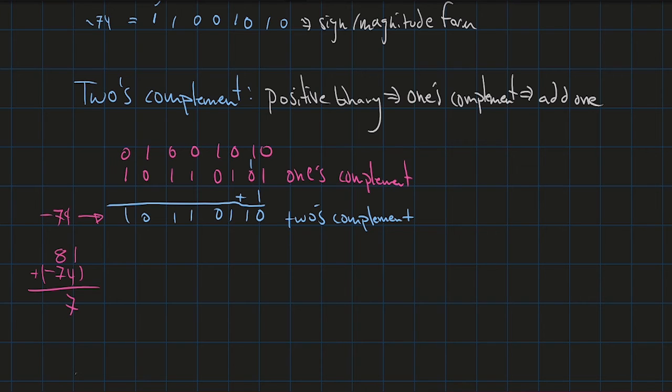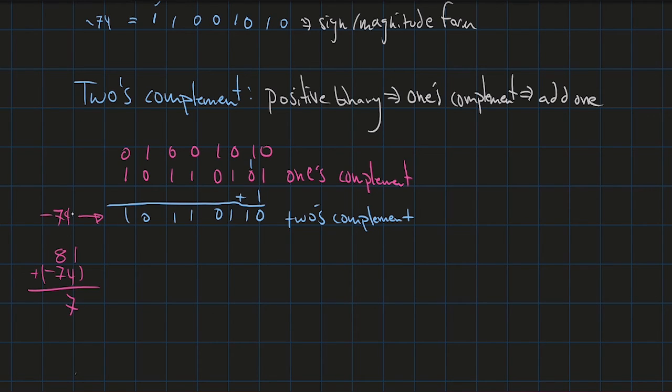So if you wanted to do 81 in binary and add negative 74 in binary, we should get 7 in binary. So that's what we're going to do.